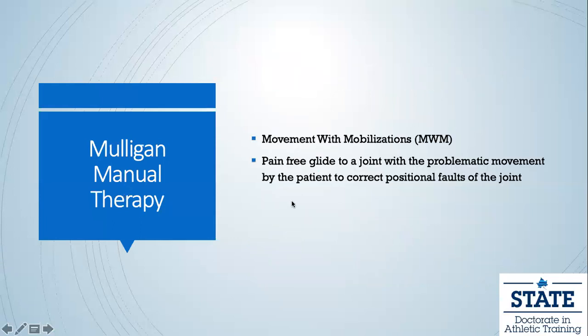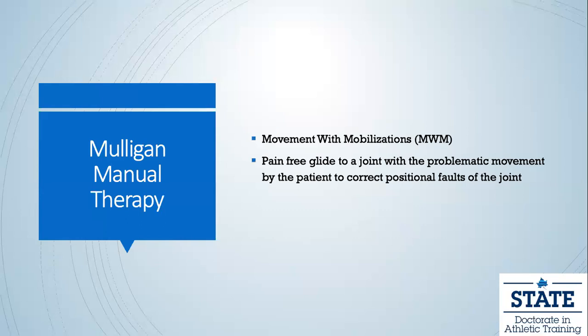Moving on to Mulligan manual therapy, a pretty big thing with this is that it's based off movement with mobilizations, or MWM. This is a pain-free glide to a joint with problematic movement by the patient to correct any positional faults of the joint.